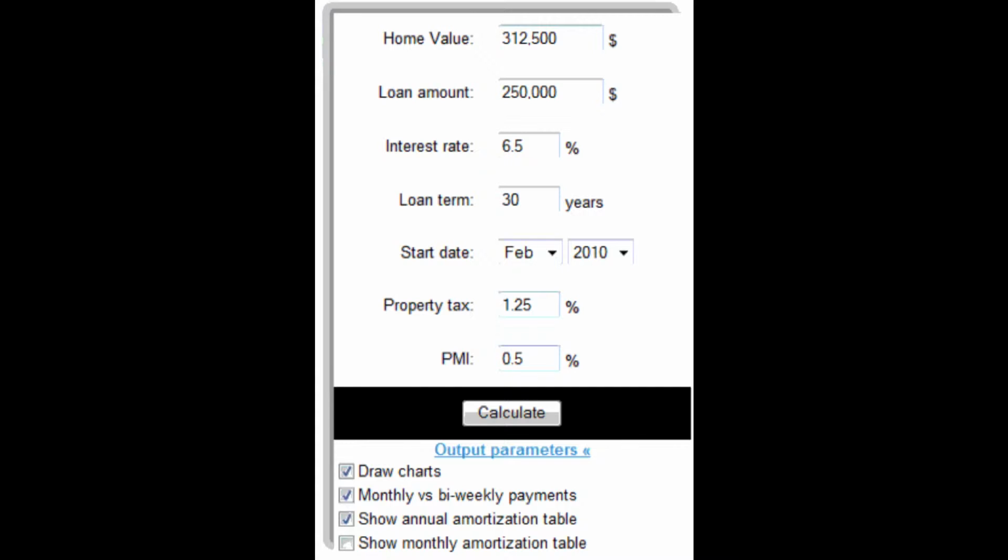As you can see, I set the output parameters to display charts and to see the difference between monthly versus bi-weekly payment options, and also to show an annual amortization schedule.